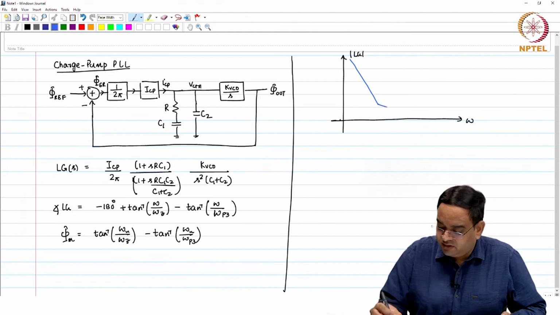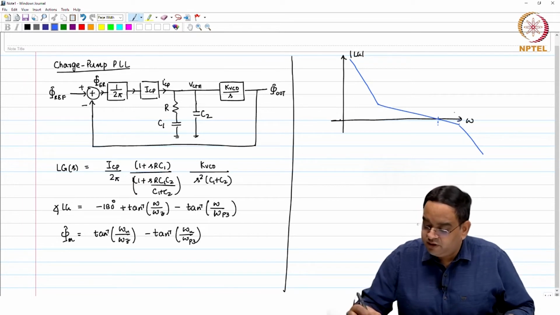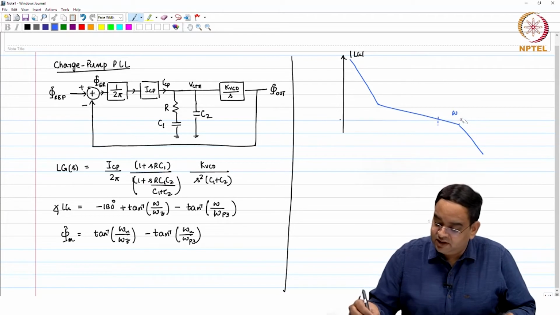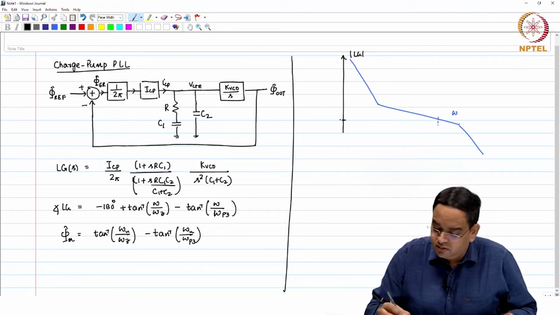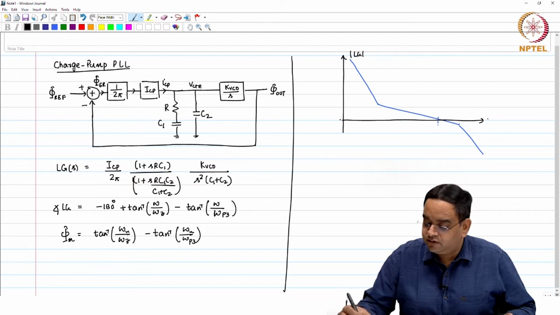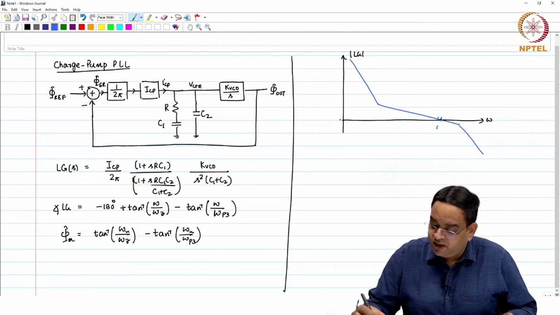At 0 frequency it changes, and then at unity gain frequency, and this particular frequency is omega p3. So, let me just extend this line. Okay. So, this is your omega, this frequency is omega u, and this frequency is omega p3.